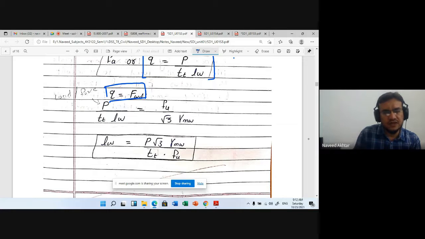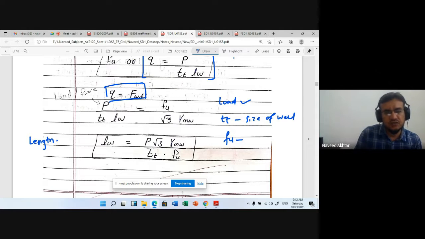So the length of weld required you can find out if you know the load, and the throat thickness you can find out from the size of weld, and if you know the ultimate stress of your steel.